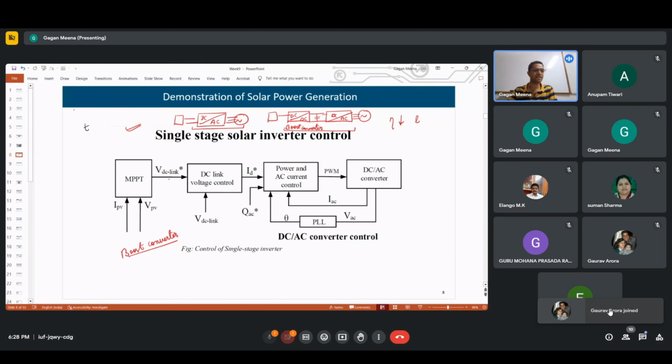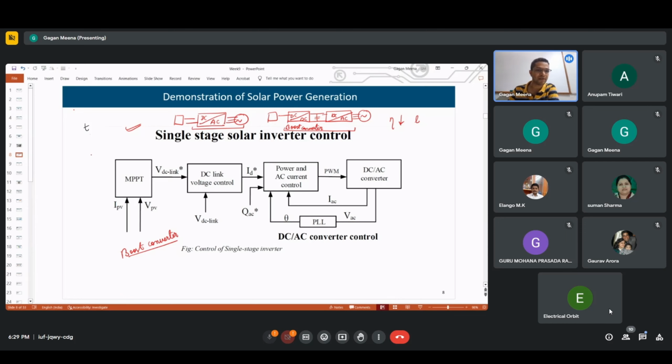Then a transformer will be there and it will be stepped up. So there will be two or three stages. Finally it will go to 230, 132 kV. So it is not that it is converted into AC and then we use a transformer only once. Without a transformer we cannot do it. You are correct.